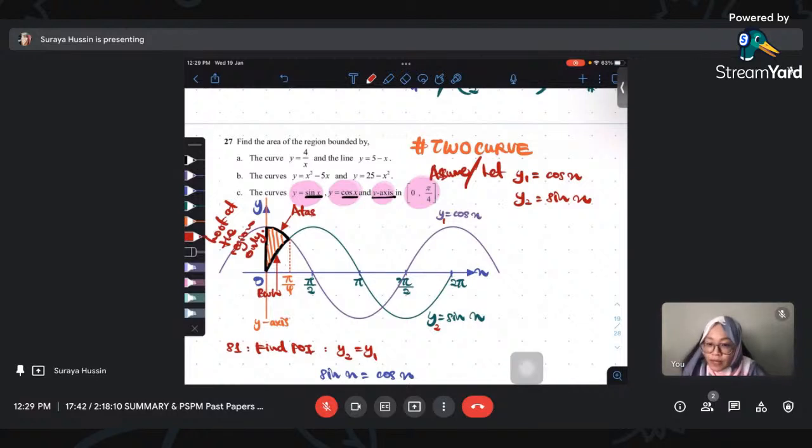Assume and let mean the same thing. I skipped this earlier, sorry. I assume y1 is my cos, y2 is my sin. It's up to you which one to assume.